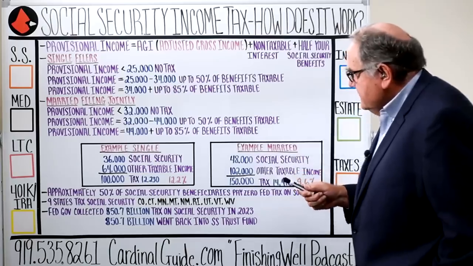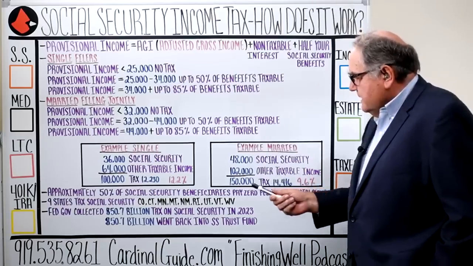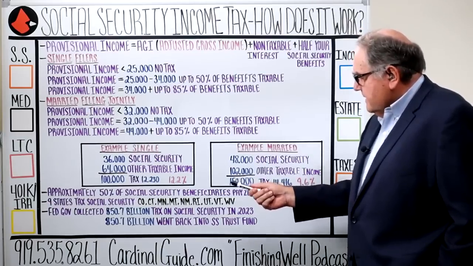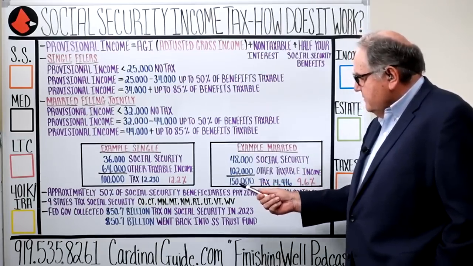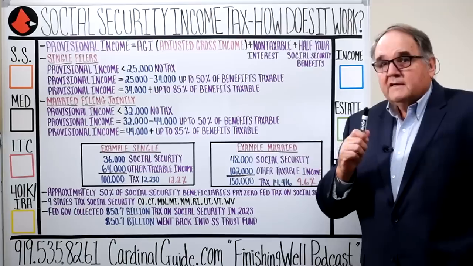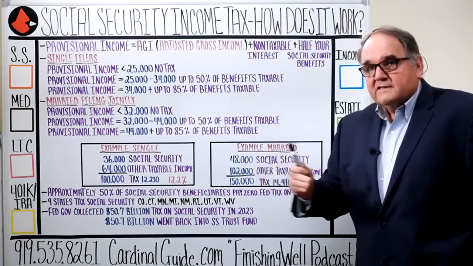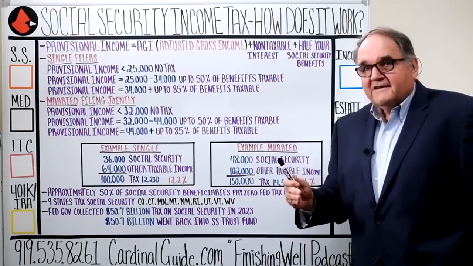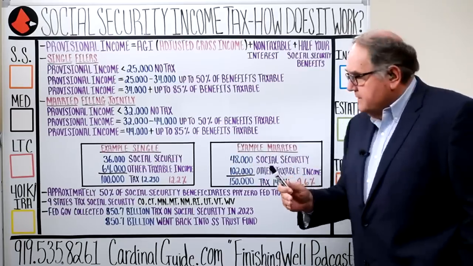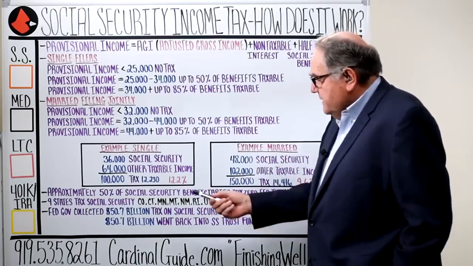And it's Connecticut, Colorado, Minnesota, Montana, New Mexico, Rhode Island, Utah, Vermont, and West Virginia. Their state income tax includes some level of Social Security for some people. So I don't know what they're going to do about those if they eliminate this tax.